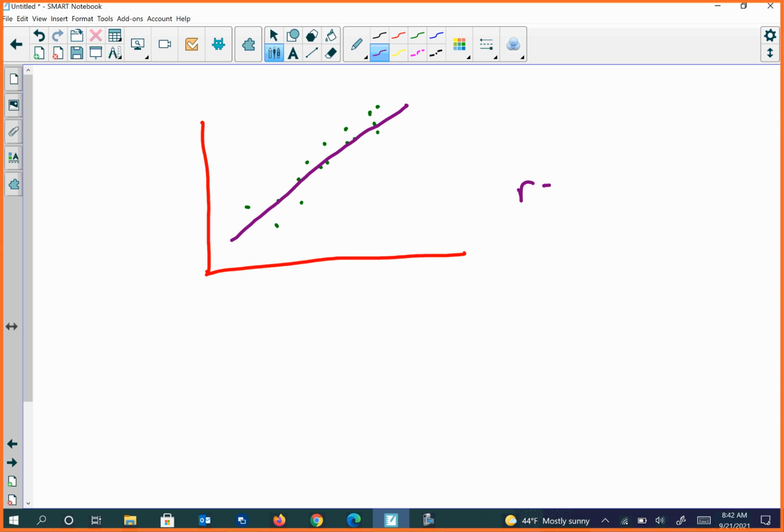So there's an R value, which is the vertical measure from the line. So if I wanted to do the R value, I would take all of these, how far away from our line we would be, sum those all up and find the average.